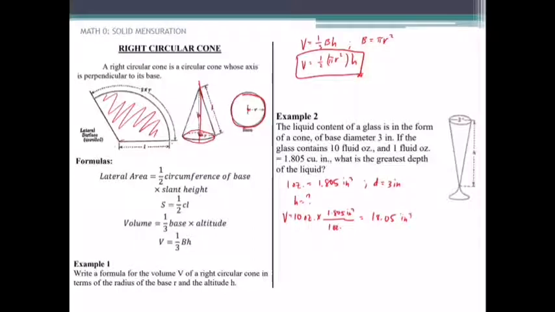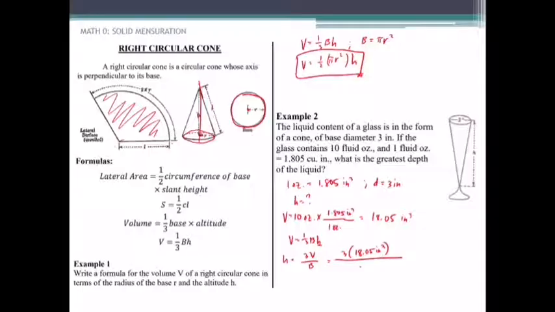What we are looking for is the height, or the depth. Volume is 1/3 base times height, so height is 3V over the base. 3 times 18.05 inches cube over the area of the base.